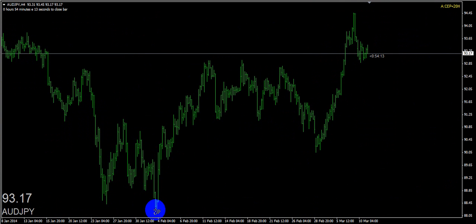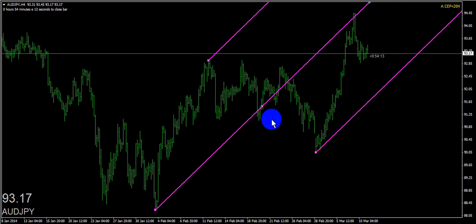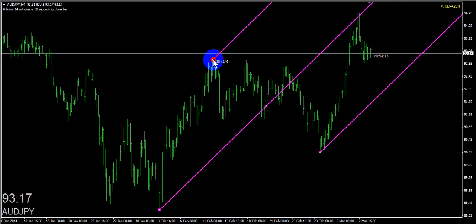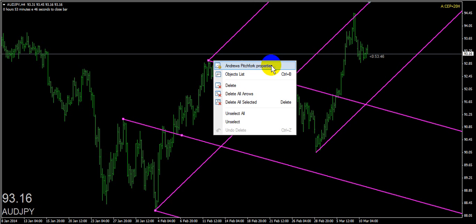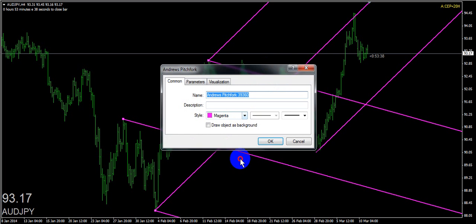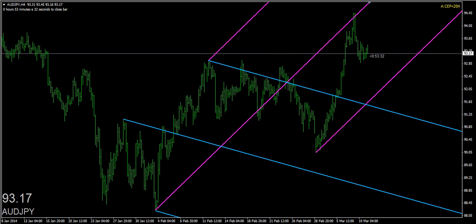I believe I'd use this, or perhaps even this high, which works a little bit better, and this downward fork was showing promise, but just like the Aussie dollar fork, it reversed. And went to the upside.